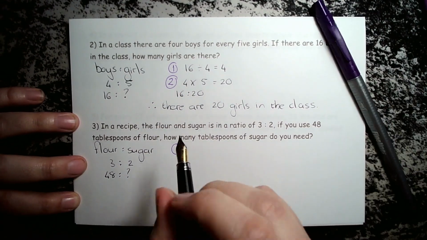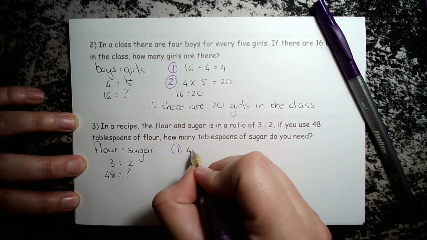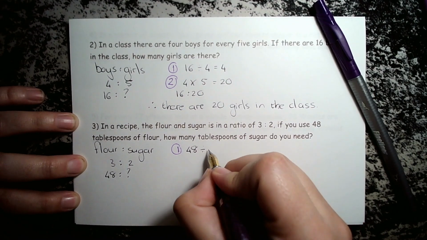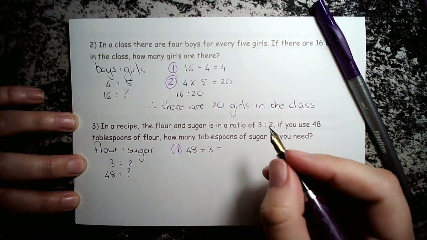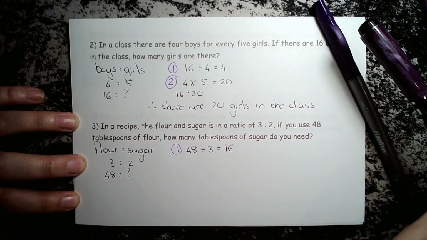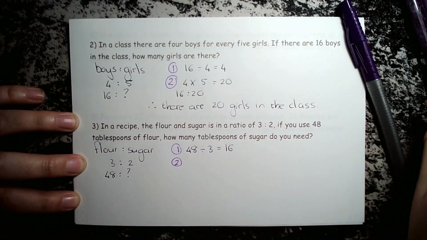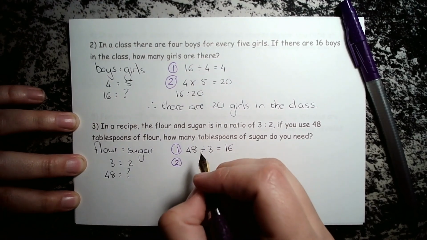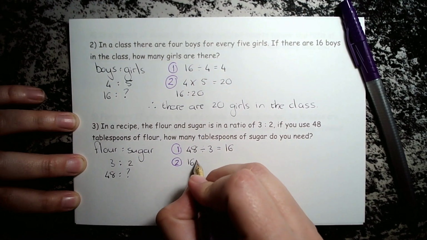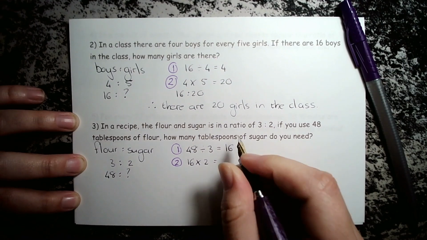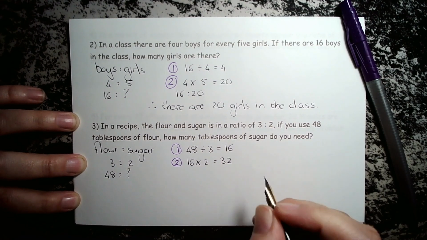Step 1. 48 divided by 3 is equal to 16. Step 2. 16 times 2 is equal to 32.